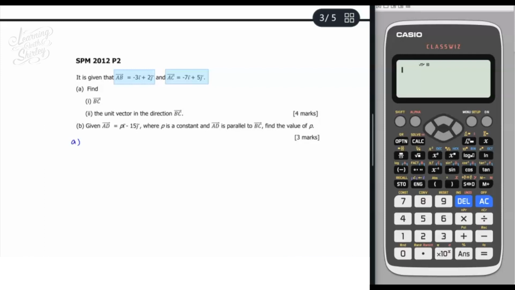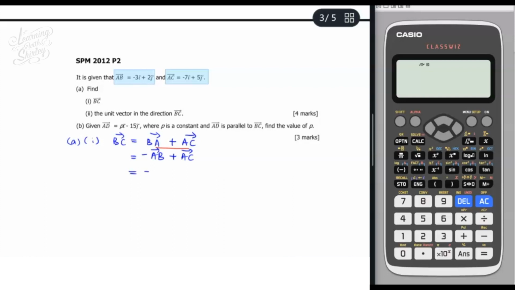So to find vector BC, it is actually BA plus AC. You see these two A's are the same, right? It's like a bridge that joins from B to C. So let's continue. BA is the opposite of AB, so you put a negative in front: negative AB, then plus AC. This one remains unchanged.